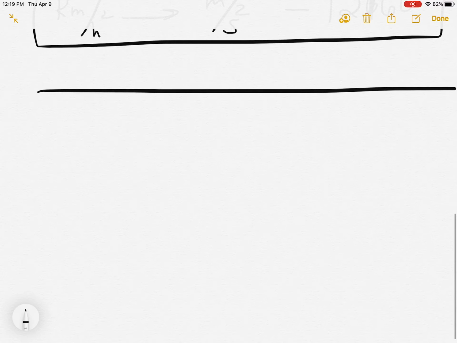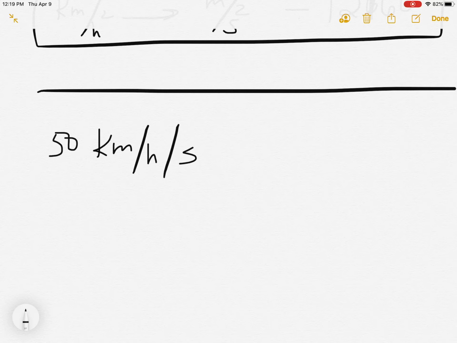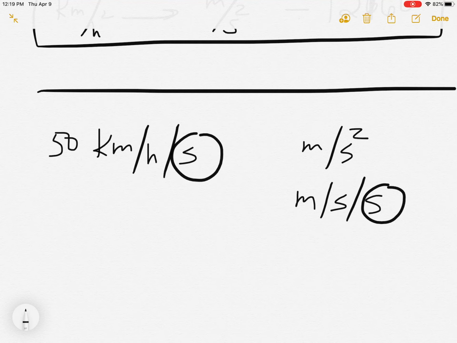Okay, let's do D, just in case you're having trouble with that one. Okay, so part D, here's what you have. You have 50 kilometers per hour per second for your acceleration. This one's easier. The seconds on the bottom is already what we want. Remember, acceleration is meters per second squared, or that's meters per second per second. So this guy's already good.